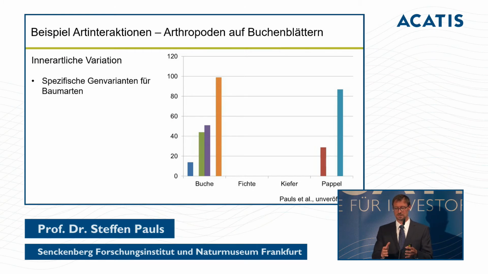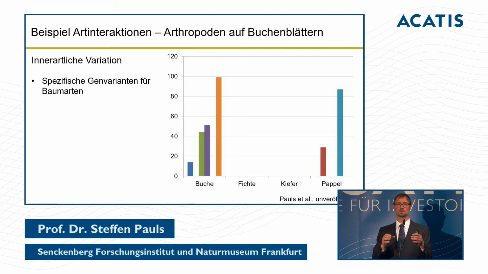If we have a closer look at two examples, we have a wasp that is living on beech and on the poplar tree. So we have different species variants, and what we could recognize is that we have specific genetic variants in the beech and some on the poplar tree.